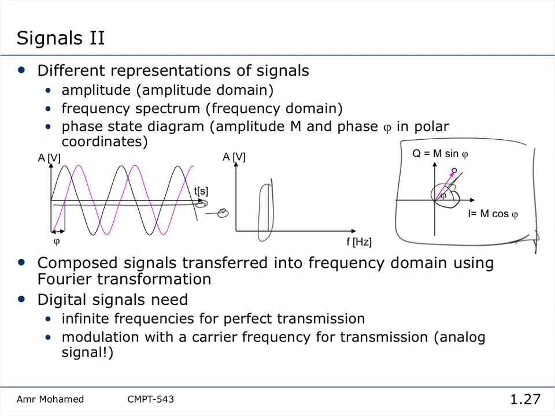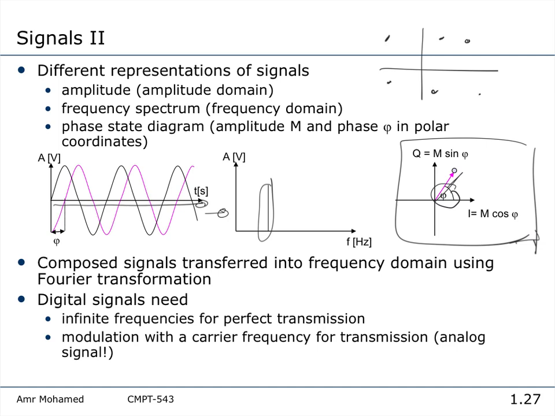This kind of diagram helps us a lot to understand how we can derive the probability of error when it comes to composite signals which have different phase values, because each one is represented using one dot.